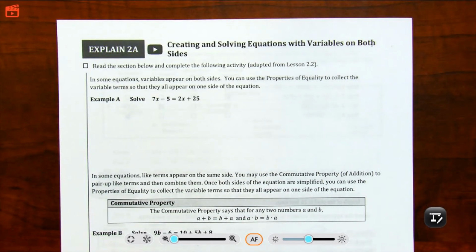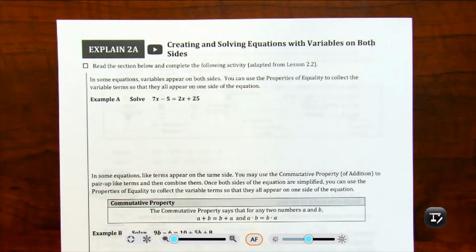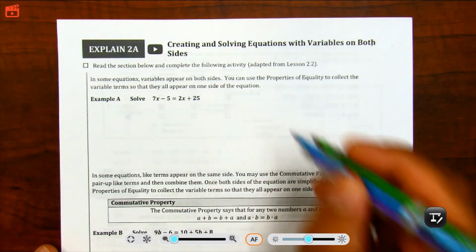Okay, the next part of this lesson is creating and solving equations with variables on both sides. So in this equation, notice that you have x on this side and x on the right side. So we have them on both sides. What we want to do is move the variables on the same side and move the numbers on the same side using the properties of equality.